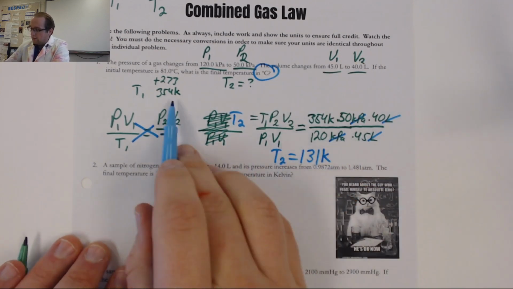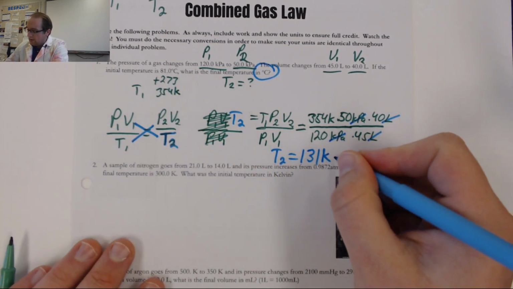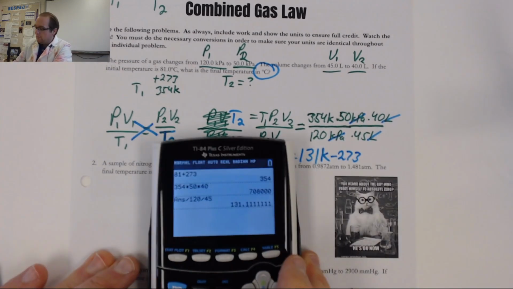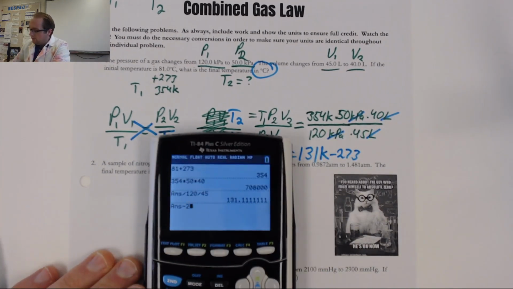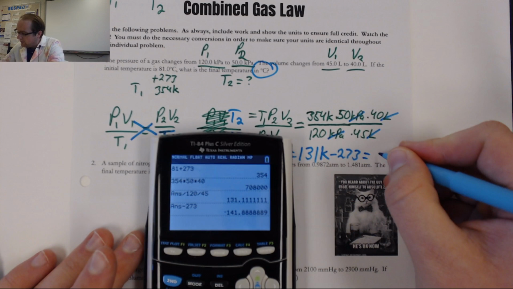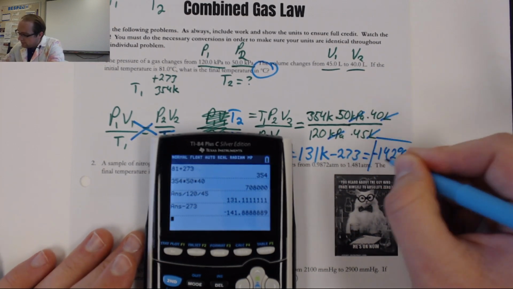So in order to go from Celsius to Kelvin, we add 273. So to get rid of Kelvin, we're going to subtract 273. And minus 273 gives me negative 141.8, which I'm going to round to negative 142 degrees Celsius.